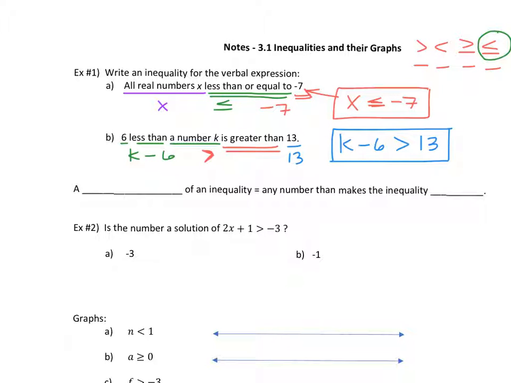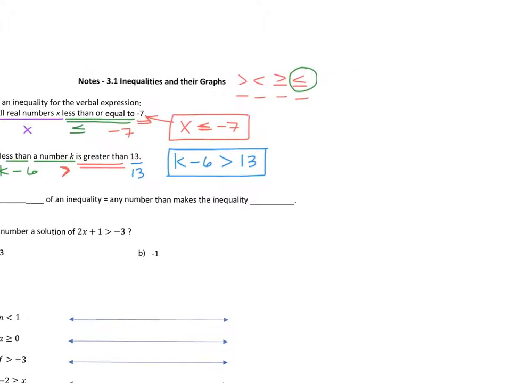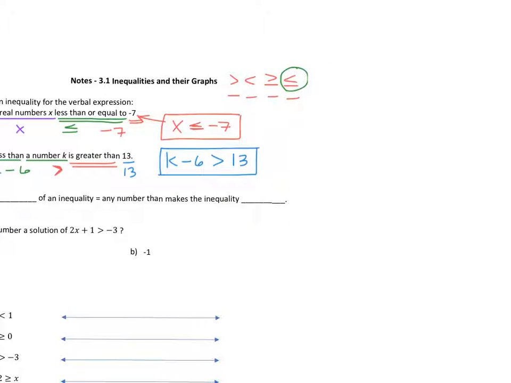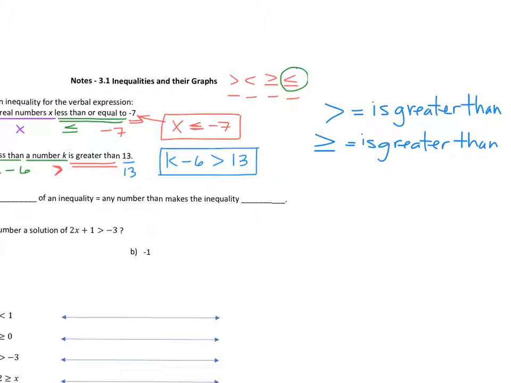Okay? Let's just write how we say these so we know. This symbol is greater than. Okay, if we add the bar under it, is greater than, or what? Or equal to.